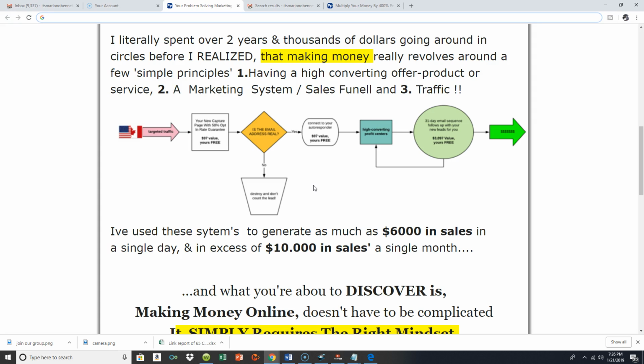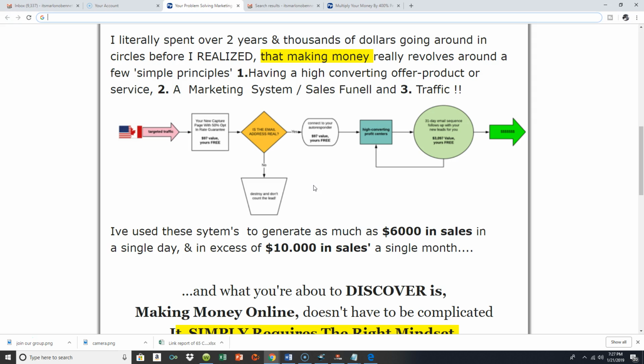Now, once you have it, right? Once you have an automated marketing system or sales funnel, then your next objective is to start driving traffic into your actual marketing system and sales funnel. And when it's set up, and the way that I do it, and the way that you can learn to do it through anything that I do, it works for you on complete automation.